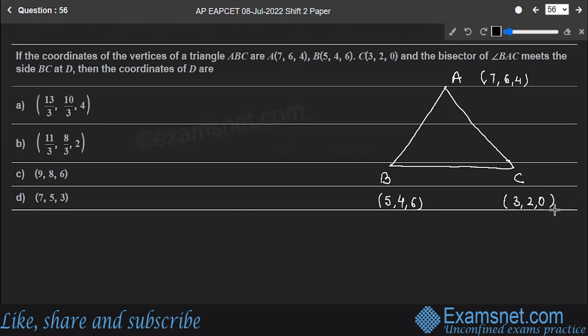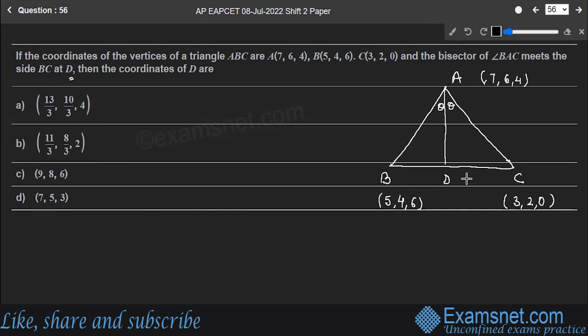These are the three coordinates of ABC. Now it is said the bisector of angle BAC meets BC at D. So that means you have something like this. If I'm taking this as theta, then this is also theta because the bisector of angle BAC meets BC at D. You have to find out the coordinates of D.